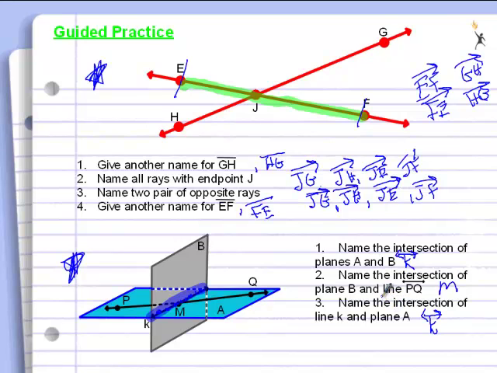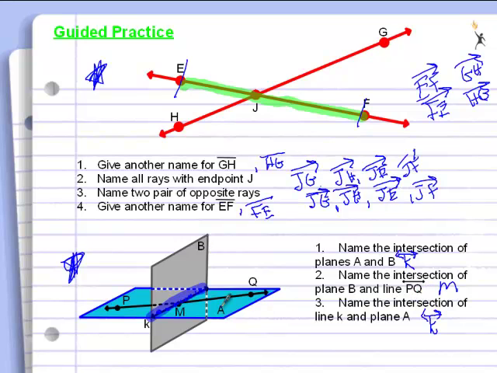This would be very similar to taking a pencil and putting it inside a book. The pencil is inside the book. So how many points or how many parts of the pencil intersect the book? All of them. Just like line K is actually inside plane A, all of line K intersects plane A. You could think of it like paint.